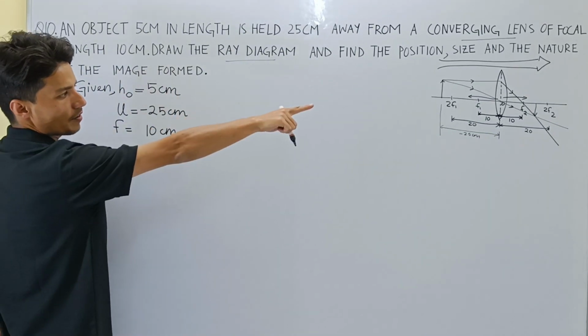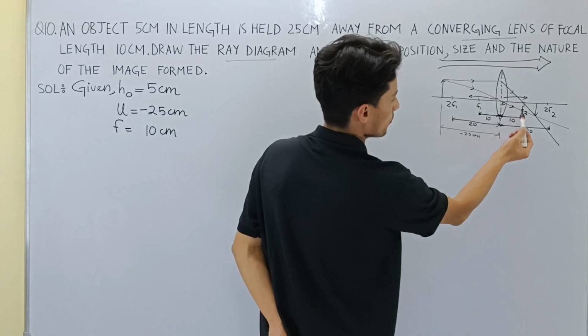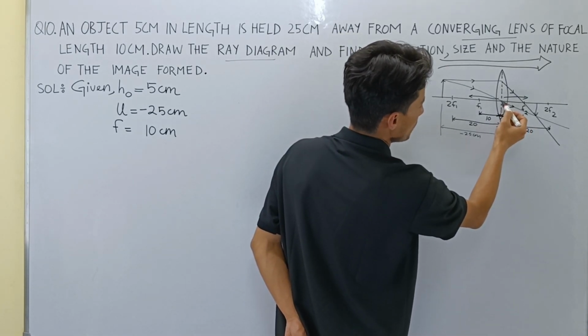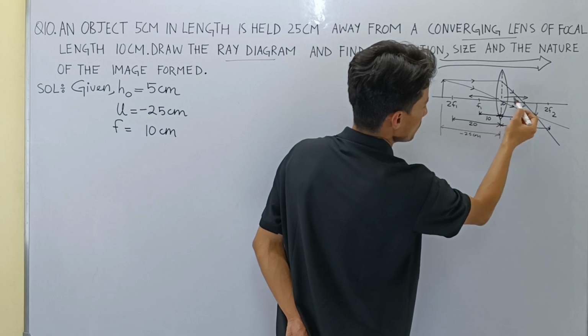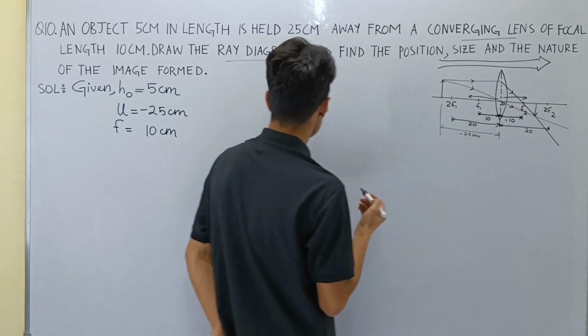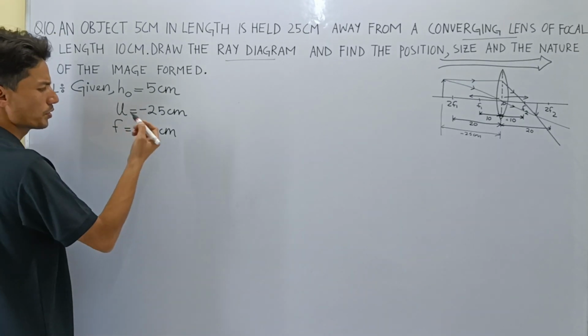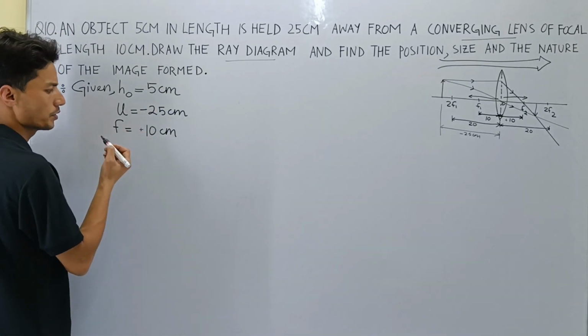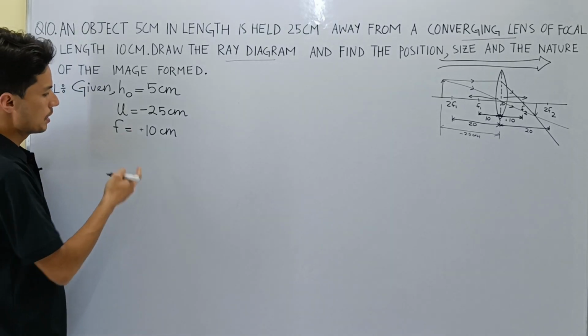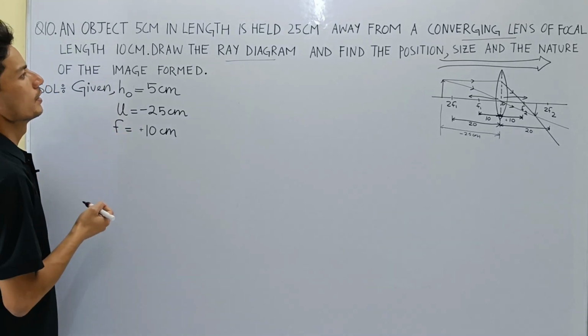The distance is 10 centimeter. Measurement will be done from optical center till f2. We are moving along the direction of light, so it will be positive 10. We don't need to write plus; it's understood that it is always plus.